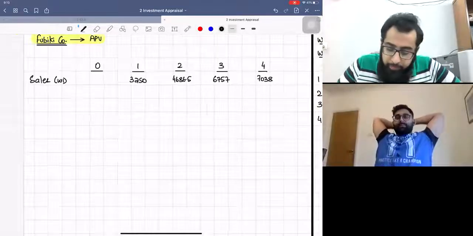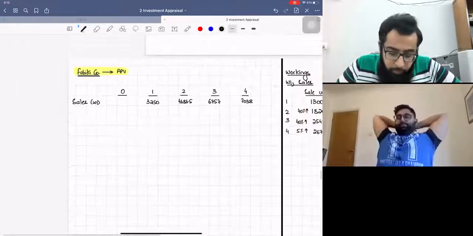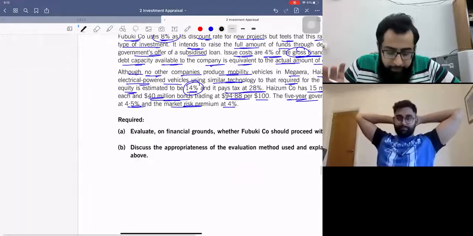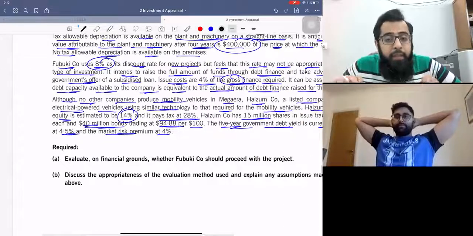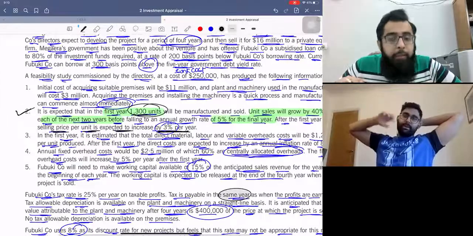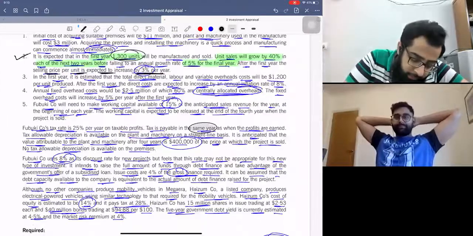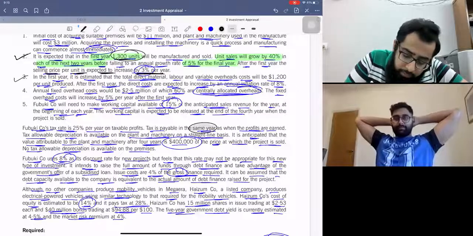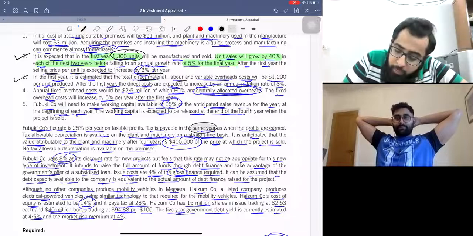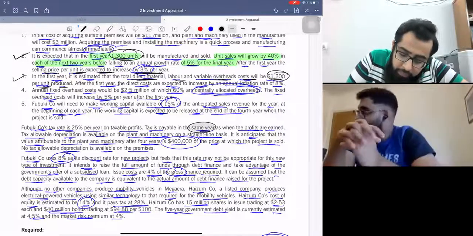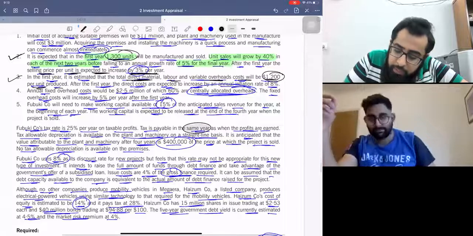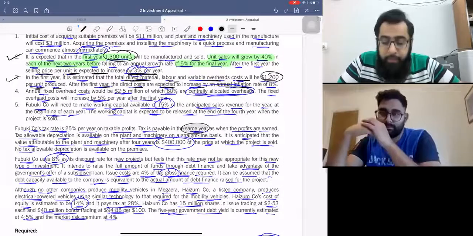Now let's move to note number 3. See, it is not difficult, it is just scattered and confusing, and students usually make errors. Now let's look at the direct material, labor and variable overhead cost, which will be $1,200 per unit. After the first year, the direct cost is expected to increase by an annual inflation rate of 8%.